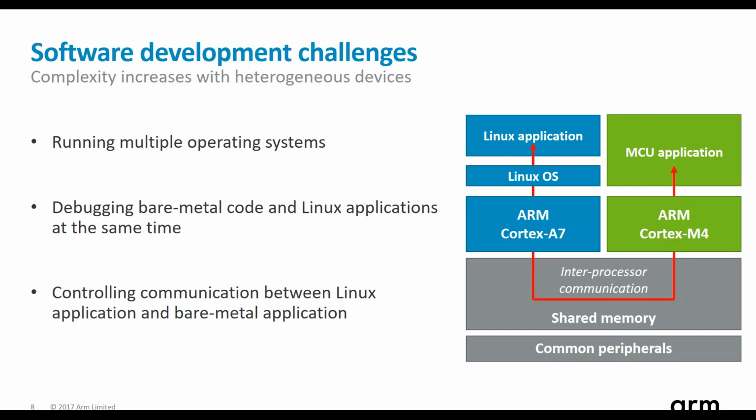On top of that, if we have a problem with communication, we might need to debug the Linux kernel as well. Last but not least is the communication between the two devices. So it's not really debugging one application or the other application. We might actually need to understand how the interaction between the two works.